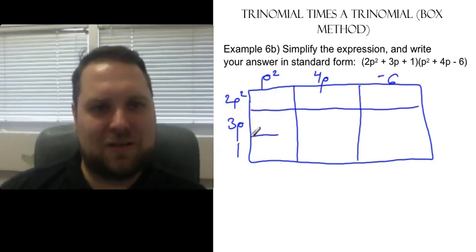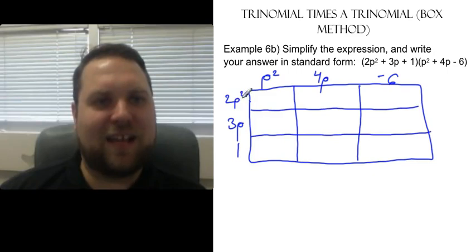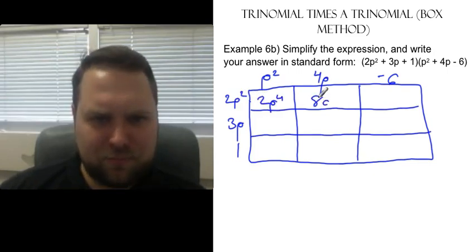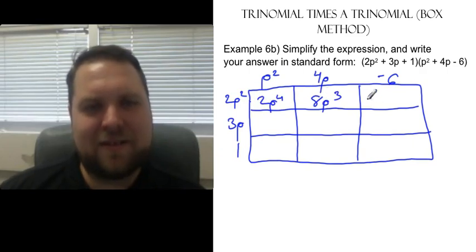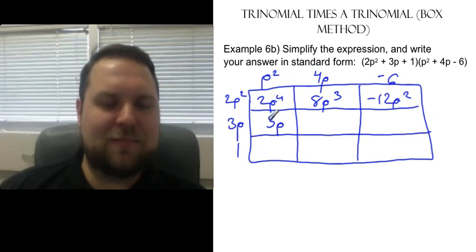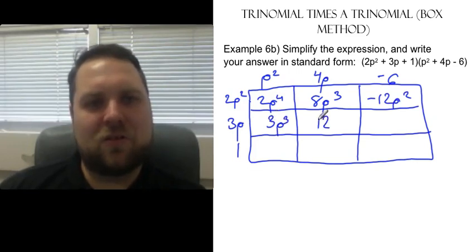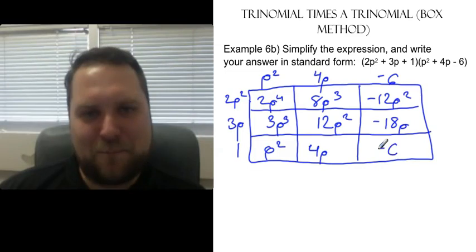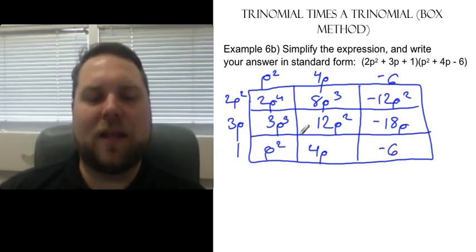Now we're going to distribute till our brains fall out. So here I've got 2p to the fourth, 8p to the third, minus 12p squared, 3p to the third, 12p squared, minus 18p, p squared, 4p, minus 6. Whew.